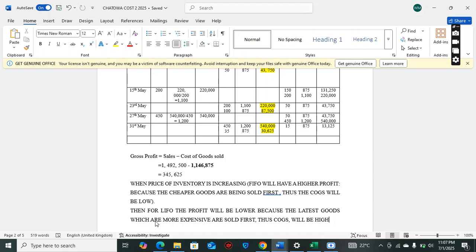When the price of inventory is increasing, FIFO will have the higher profit because the cheaper goods are sold first, so your cost of goods sold will be low. But under LIFO, since the latest goods are expensive and are sold first, your cost of goods sold will be high, and this will affect the profitability. Then the opposite is true when the price of inventory is reducing.